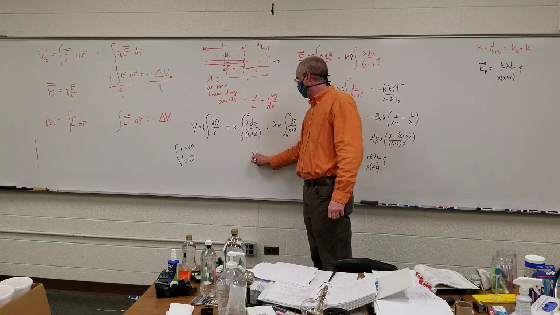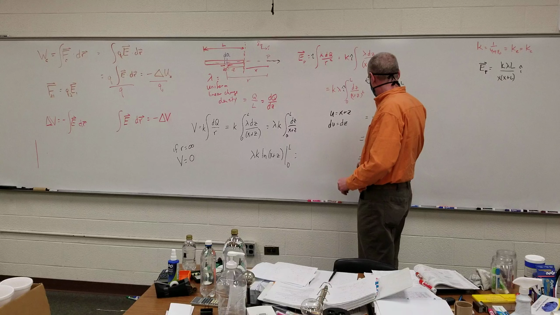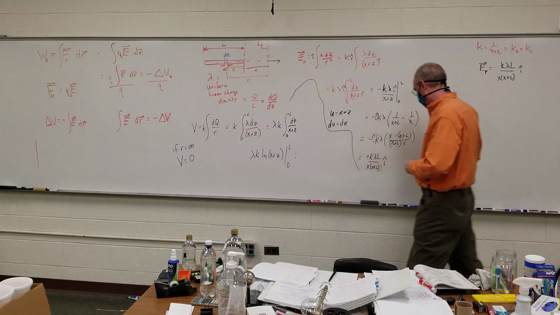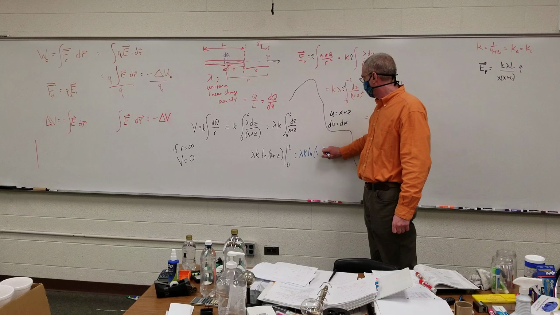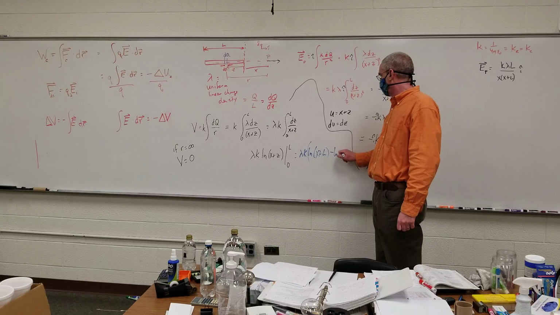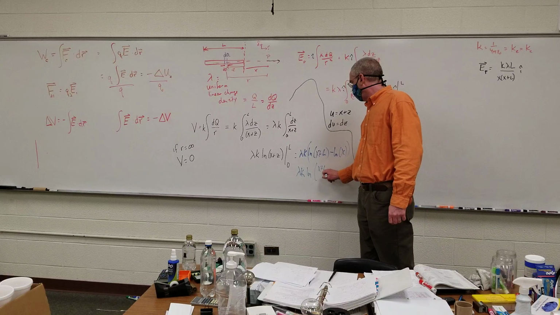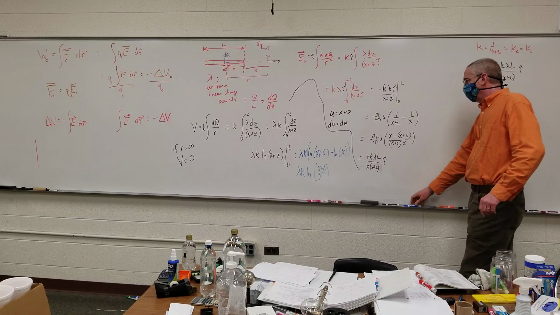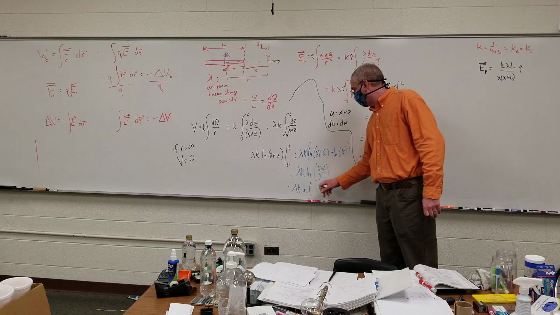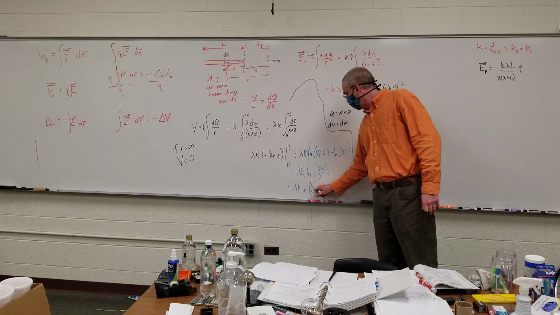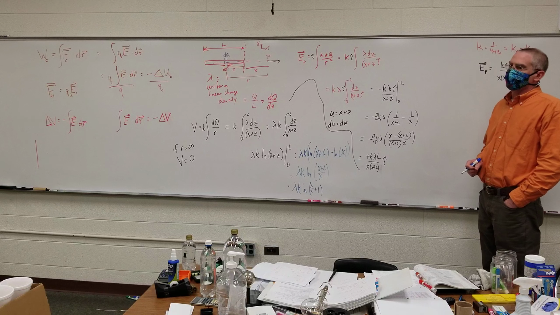So we end up with lambda k times the natural log of X plus Z from 0 to L. So we get lambda k times the natural log of X plus L minus the natural log of X, which is lambda k times the natural log of X plus L over X. Which is lambda k times the natural log of, it depends on what form you want the final bit in, but I personally prefer L over X plus 1. Depends on what you like.